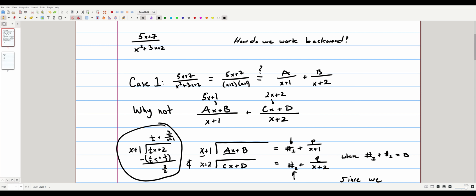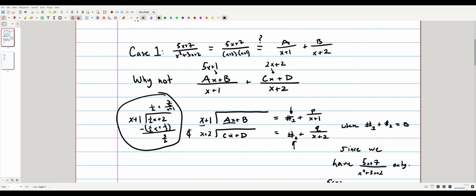So if you just have the fraction and you do this long division, you'll end up with a number plus whatever the remainder is over x plus 1. And likewise for the second fraction, you'll end up with a number plus whatever its remainder is over x plus 2.